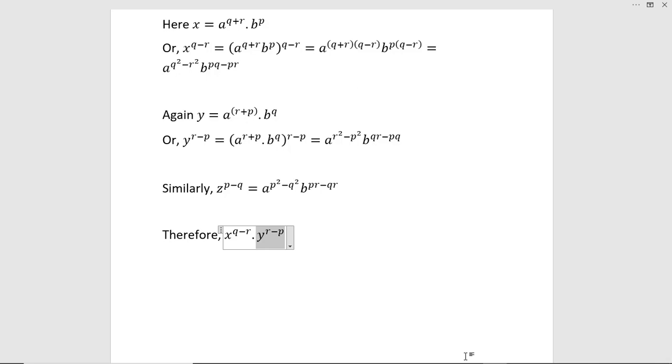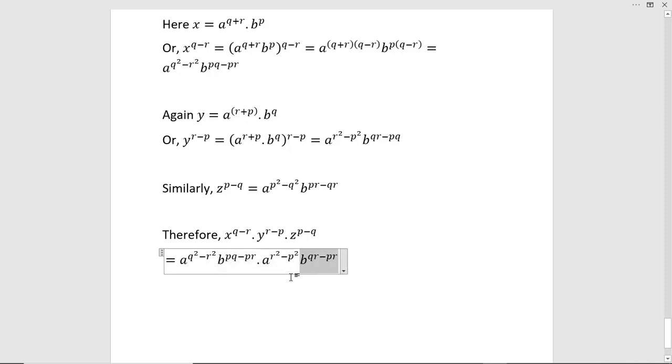Therefore, x to the power q minus r, y to the power r minus p, and z to the power p minus q equals: we have put the value of x, then the value of y, and then the value of z from our previous steps.